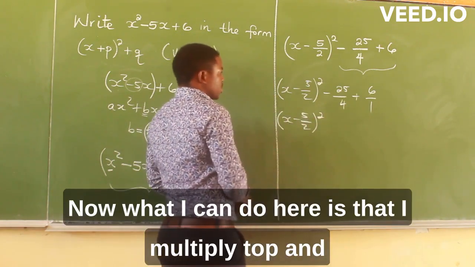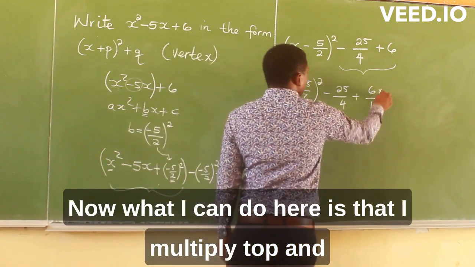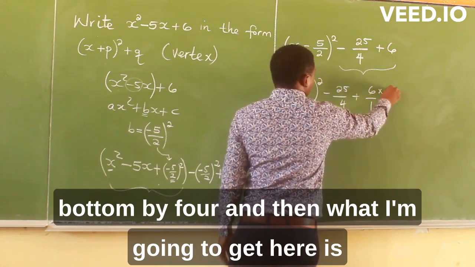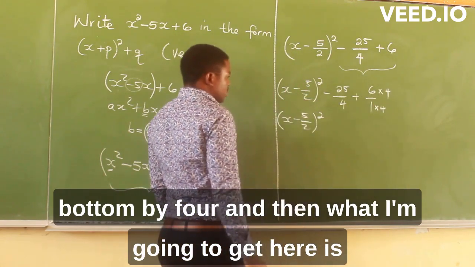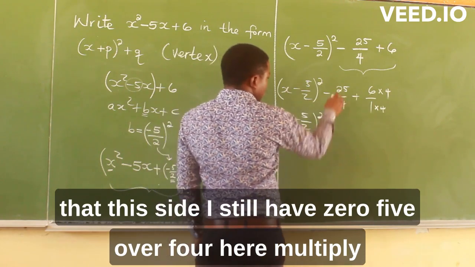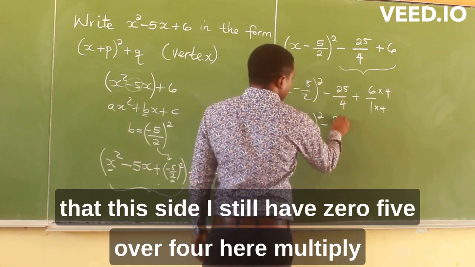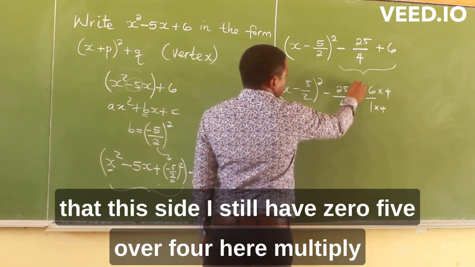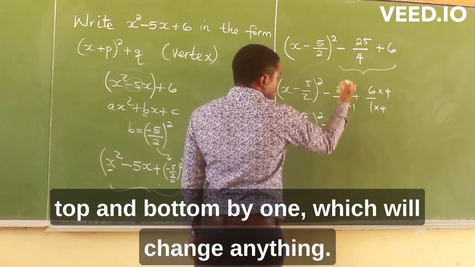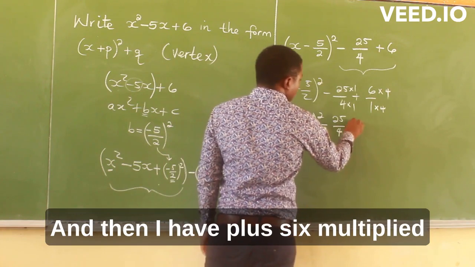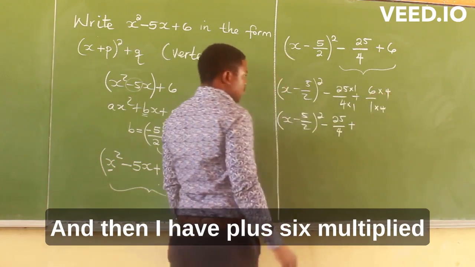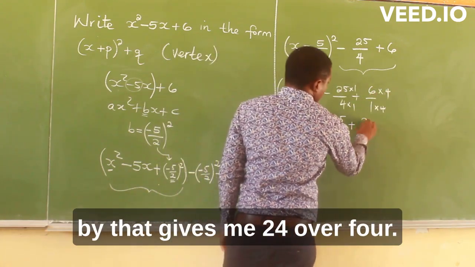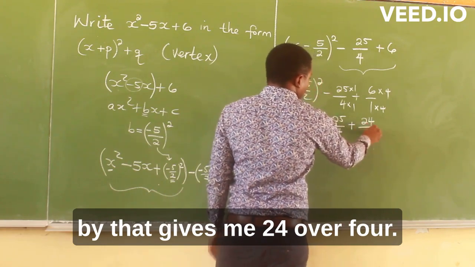What I can do here is multiply top and bottom by 4. This side I still have 25 over 4. Here you can multiply top and bottom by 1, which will not change anything. And then I have plus 6 multiplied by 4, which gives me 24 over 4.